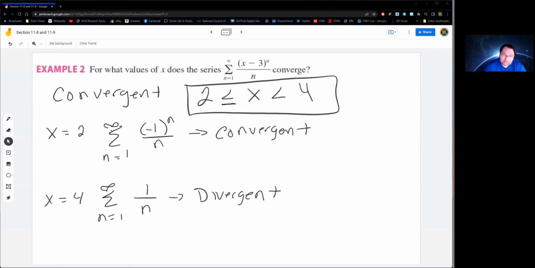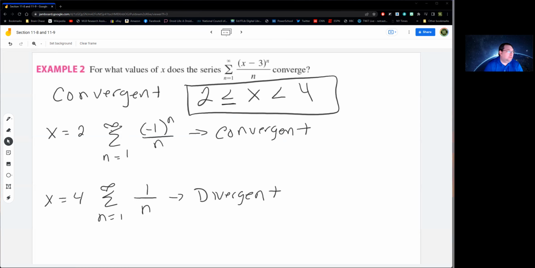Can you explain again how at x equals 2 it's convergent? At x equals 2, it's the alternating series, so we do the alternating series test. This happens to be the alternating harmonic series, which when we did that test, we actually proved that that one works. We basically just have to show that the limit of it goes to 0. So the limit of 1 over n does go to 0.